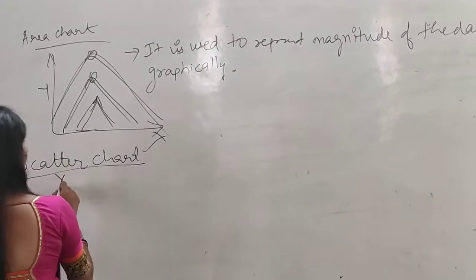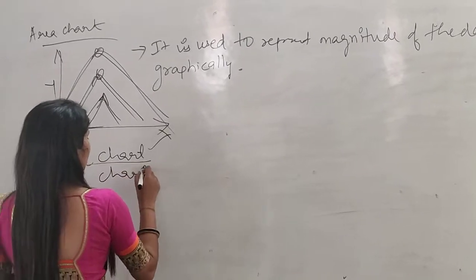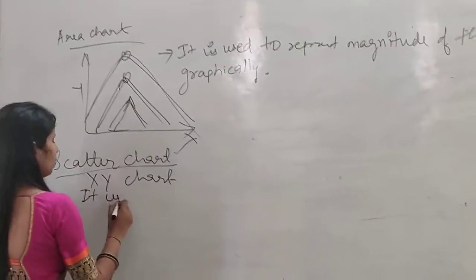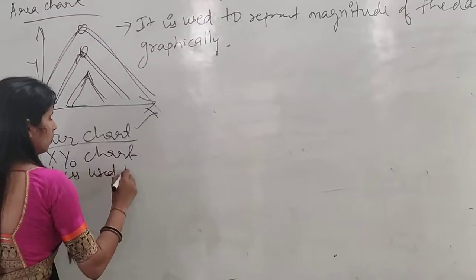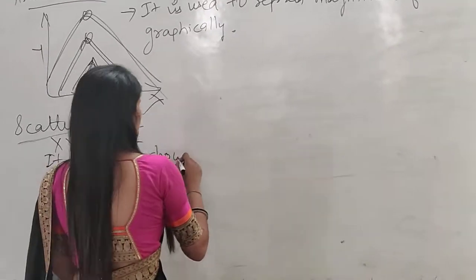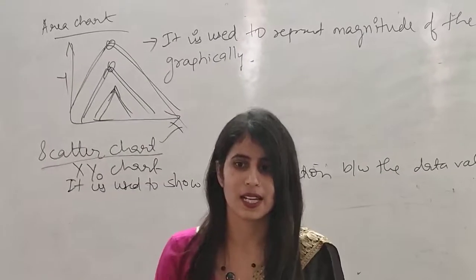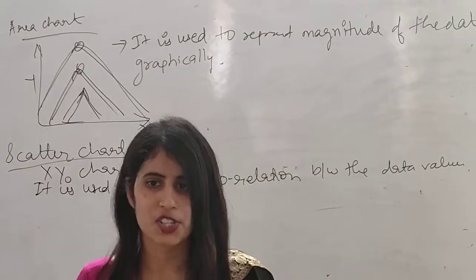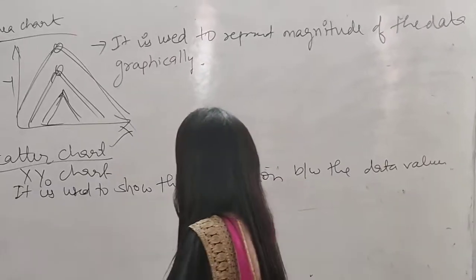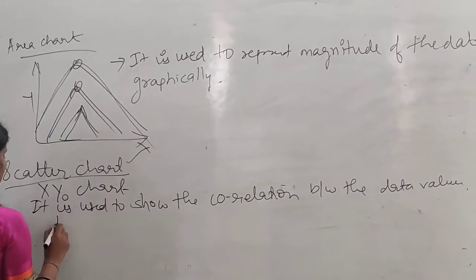It is also known as an XY chart, and it is used to show the correlation between the data values. Okay, it shows the correlation among all the data values inside it, and it is used to draw dots.